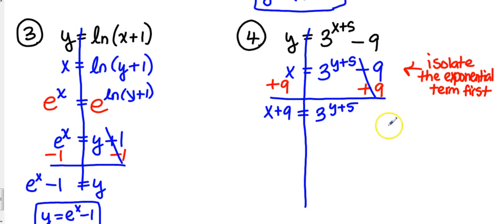But if I'm trying to get rid of 3 being a base, I will strategically choose to take log base 3 of both sides.